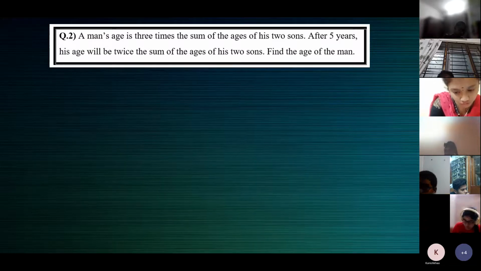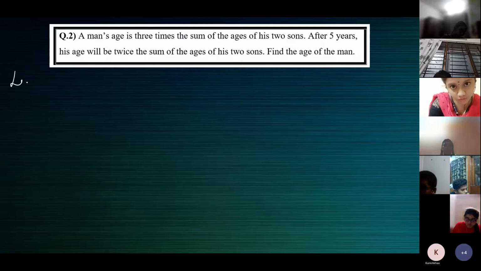Find the age of the man. So what you should observe here is, they've not asked you to find the ages of the 2 sons. They only want you to find the age of the man. So you don't have to assume the ages of the 2 sons separately. You can just say, let the sum of the ages of the 2 sons be x or y.